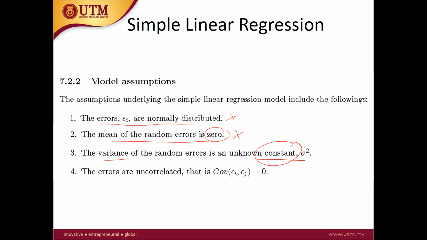Your result will not be accurate. So you have to find another model or another analysis if your data is not normally distributed and your mean is not equal to 0.